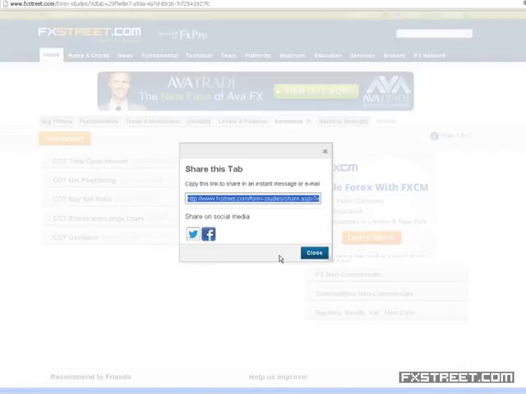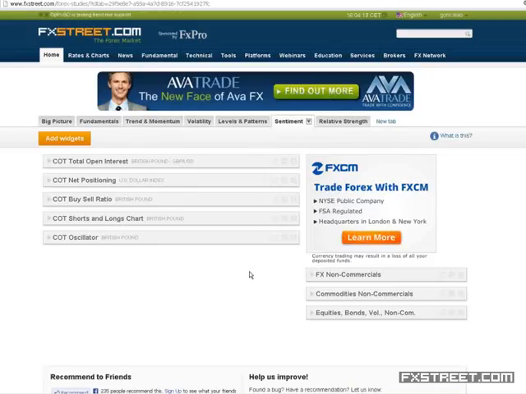You may share them with others just by clicking on share. You have this link, which I may post here, for example, in the chat. And by sharing the entire tab, if you click on it and adopt that tab, you will have the same sentiment tab with the same widgets, as I have right now, with the same settings and everything.